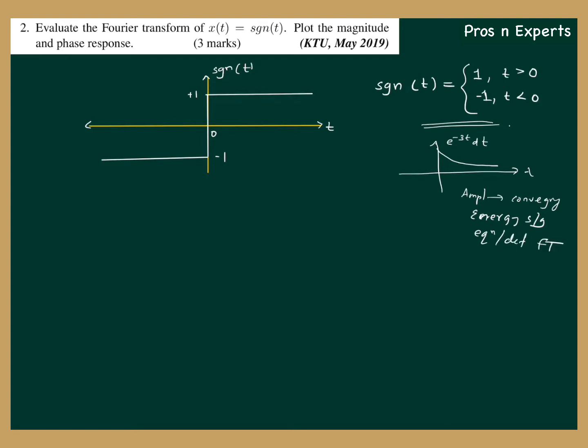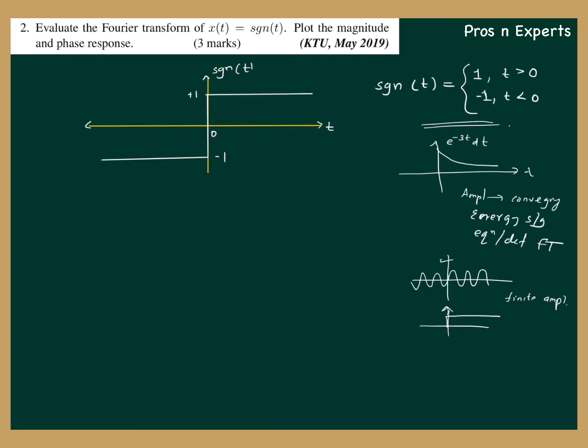Now consider some other signals, for example cosine or sine signals, sinusoidal signals, or u(t). What are the specialties of these signals? These signals have a finite amplitude, or the amplitude will be within a limit.